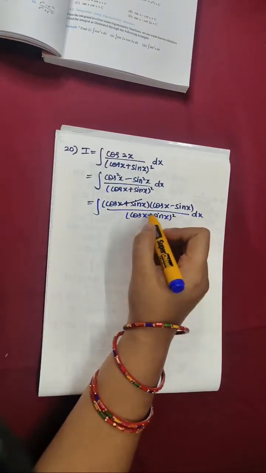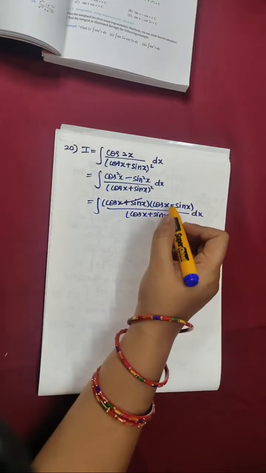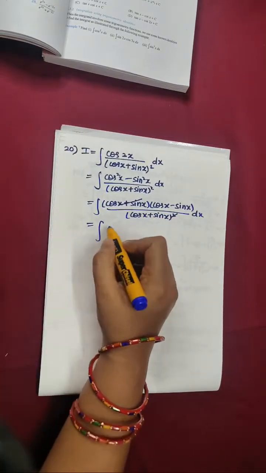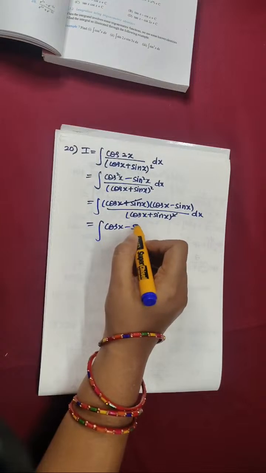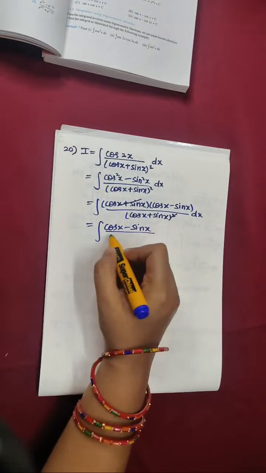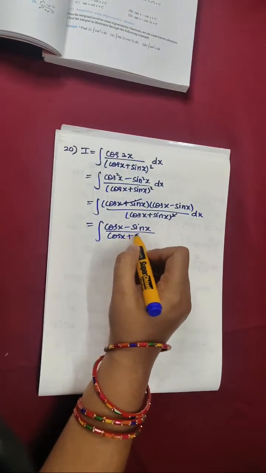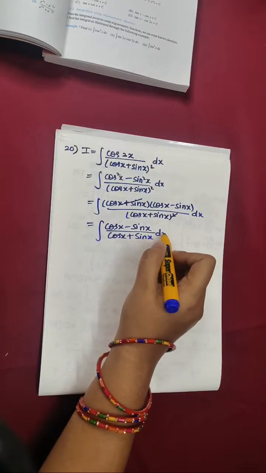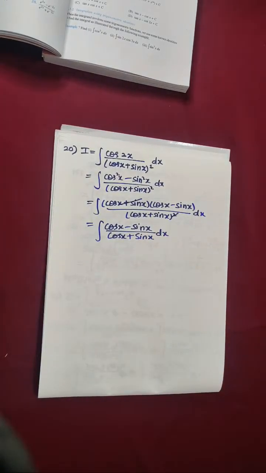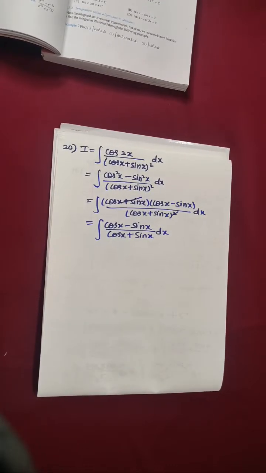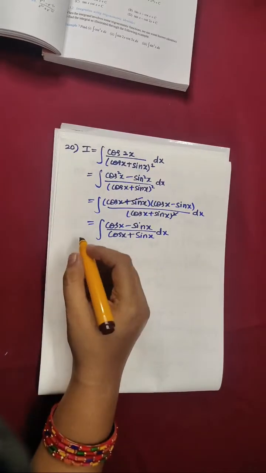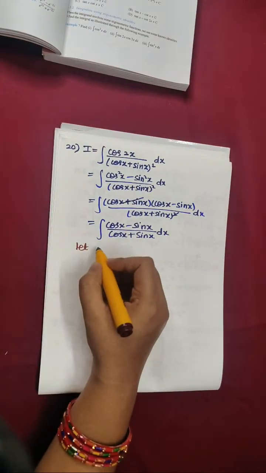So one term as a whole gets cancelled, and we'll end up with cos x minus sin x by cos x plus sin x into dx. We'll take the substitution method. That is how we can integrate. As usual, take the denominator part.